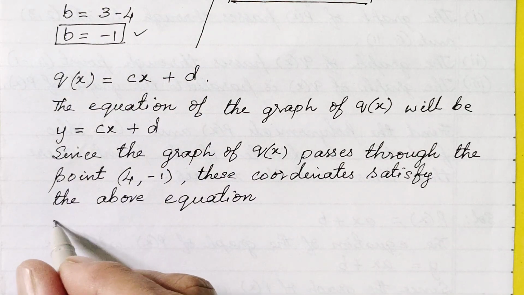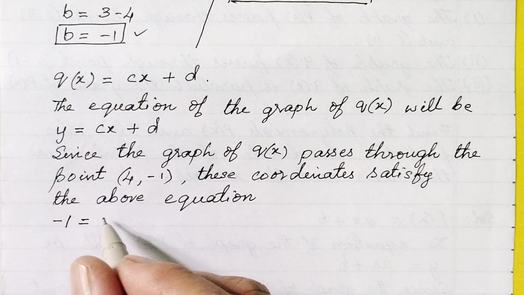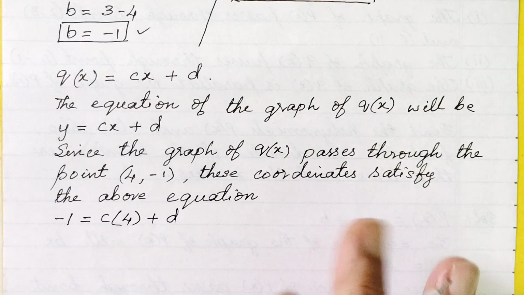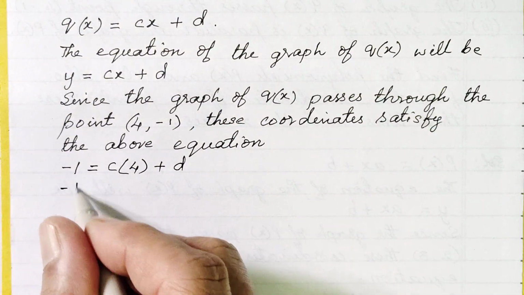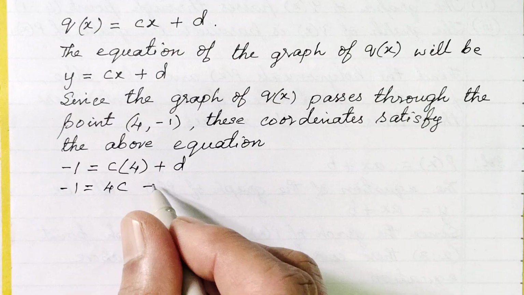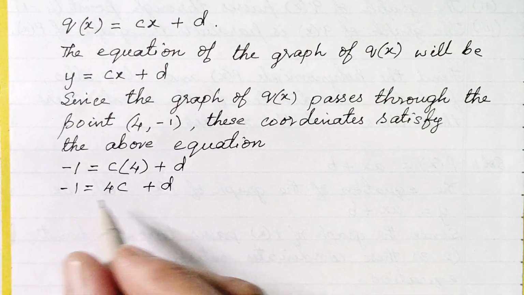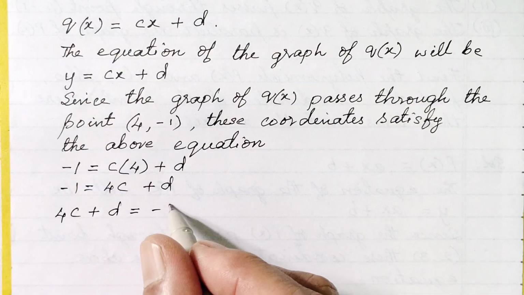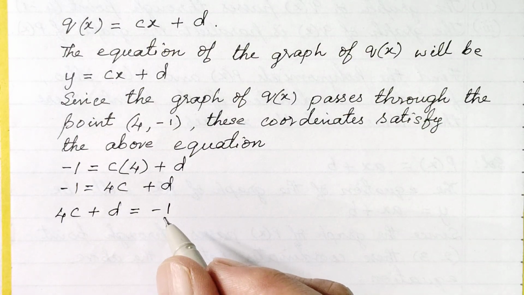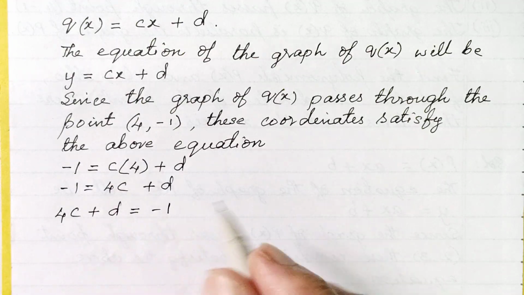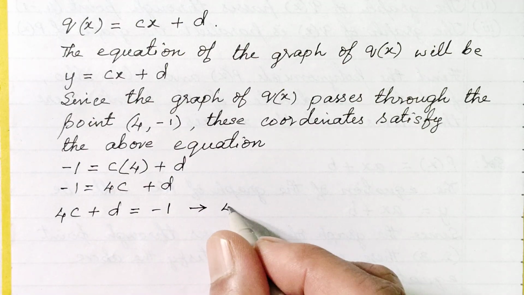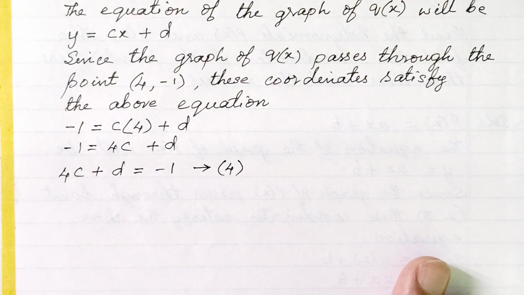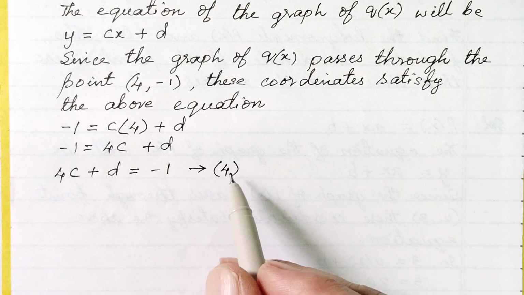Y is minus 1, so minus 1 will be equal to C into 4, the x value is 4, plus D. So minus 1 is equal to 4C plus D. I can write the equation as 4C plus D is equal to minus 1. This equation I will label as equation 4.